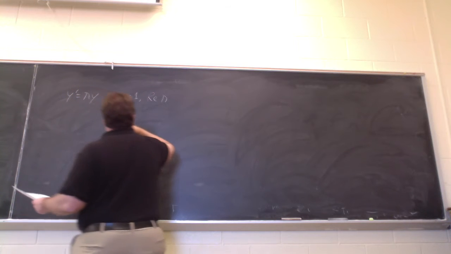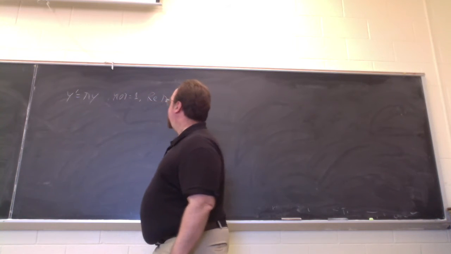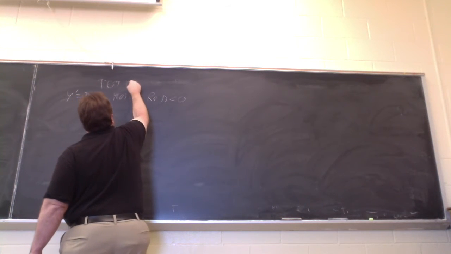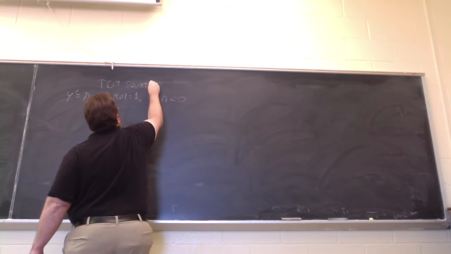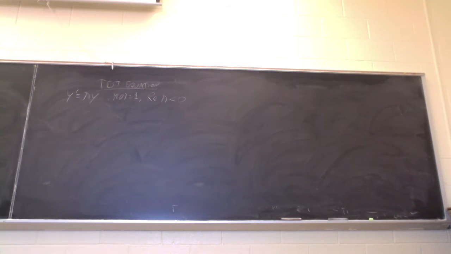Lambda is allowed to be complex, but we want the real part at least to be negative. This is called the test equation. If you want to know how effective your time-stepping method will be, and how you need to choose h, try it on a generic test equation, and you get an idea of how stable it's going to be.